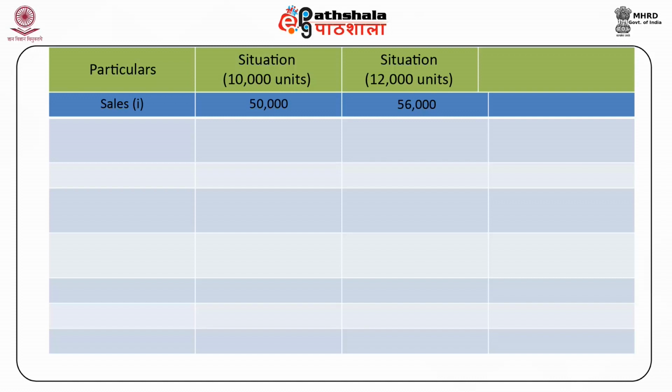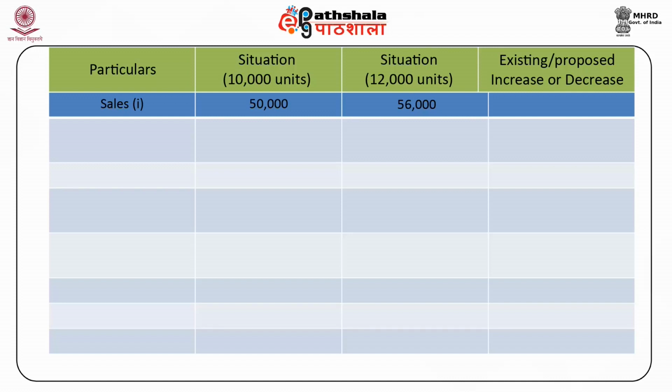Since we are already given the profit figure of the existing situation, that is Rs 5,000, we shall calculate the same for the proposed situation, that is, when the number of units is 12,000.